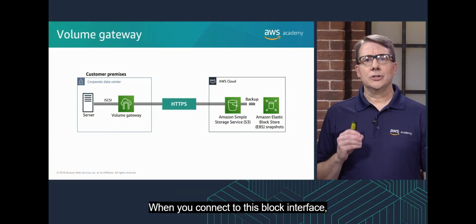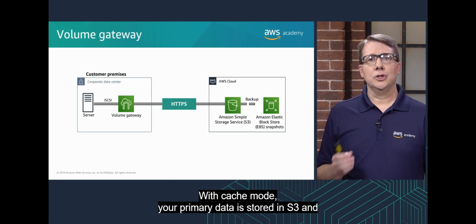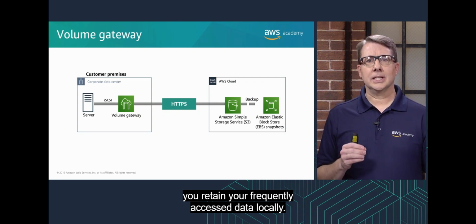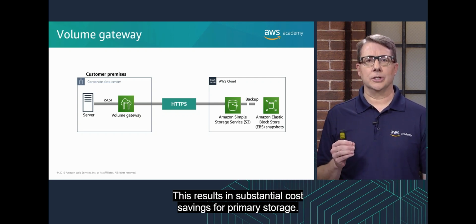When you connect to this block interface, you can run the gateway in 2 different modes. With cached mode, your primary data is stored in S3 and you retain your frequently accessed data locally. This results in substantial cost savings for primary storage.